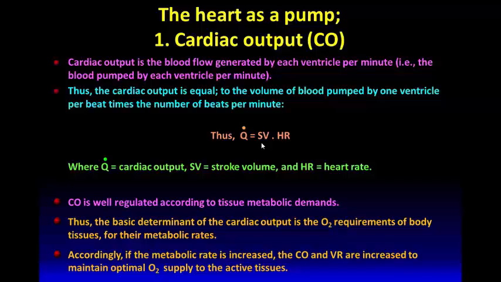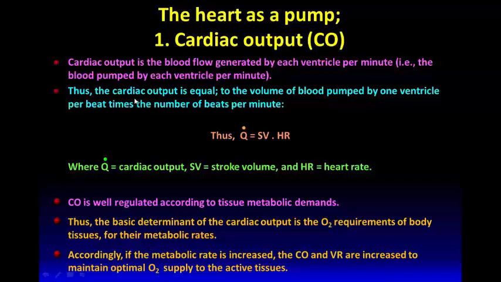The two ventricles generate outflow into the circulation. The outflow generated by each ventricle per minute is known as the cardiac output. So one of the major functions of the left ventricle and the right ventricle as the central pumps of the cardiovascular system is to provide cardiac output.